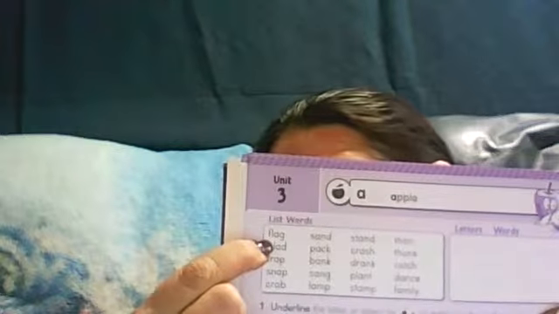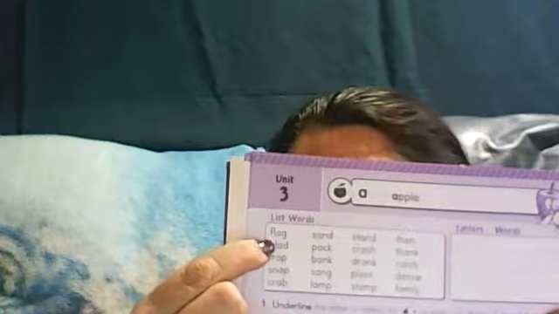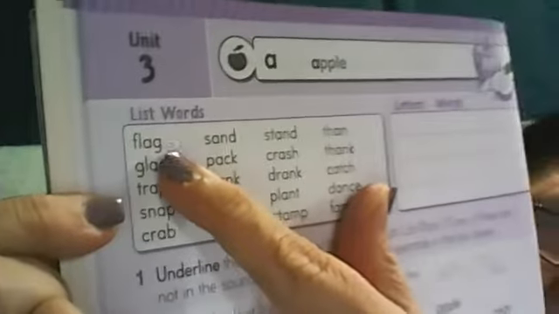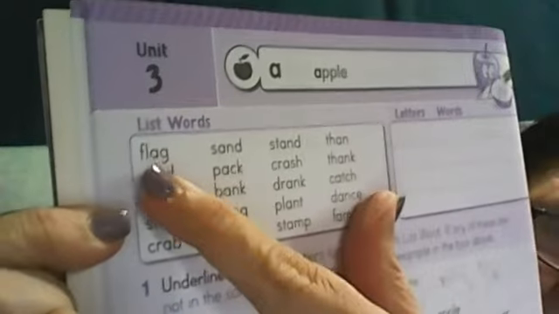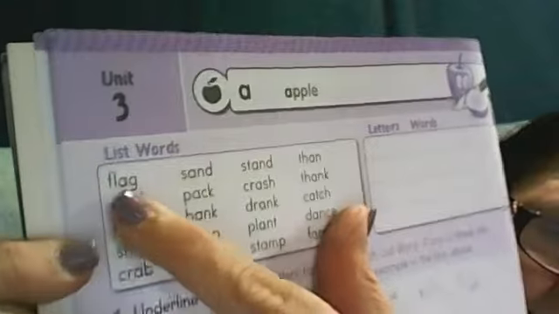Okay, so what you're going to do now for exercise 1, first thing you're going to do is have a look at each word here and say, what letter or letters makes the A in this word. So looking at this word, let's read it together. Flag. This word flag.